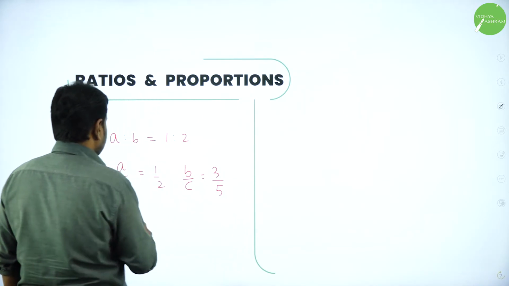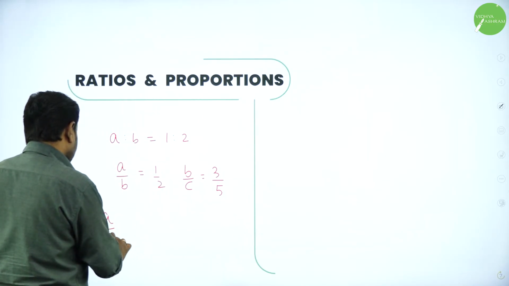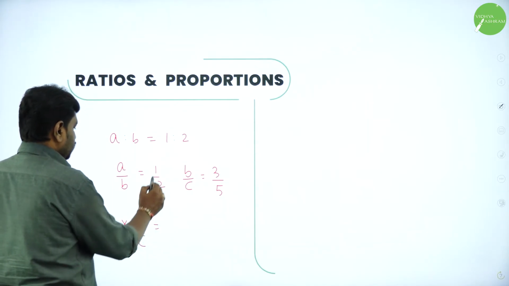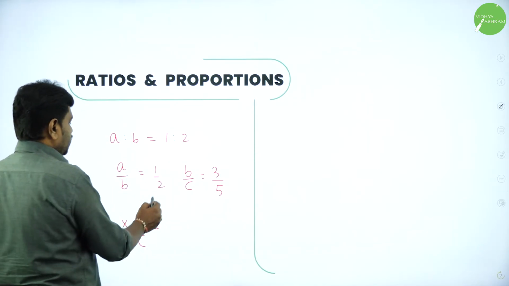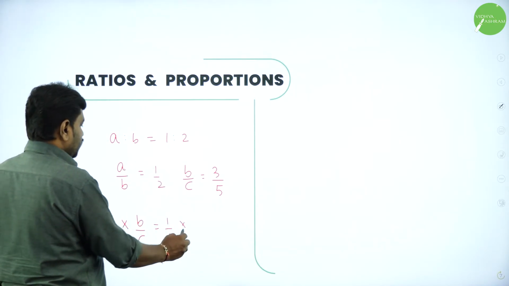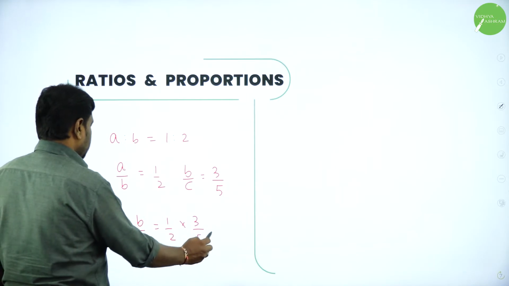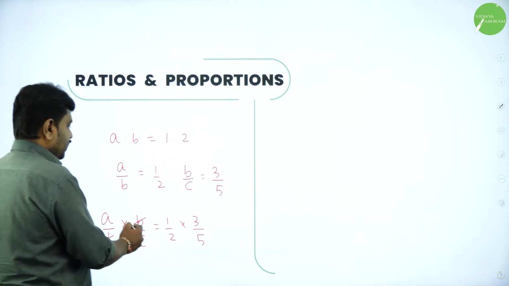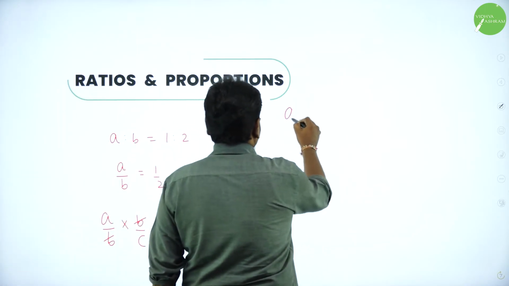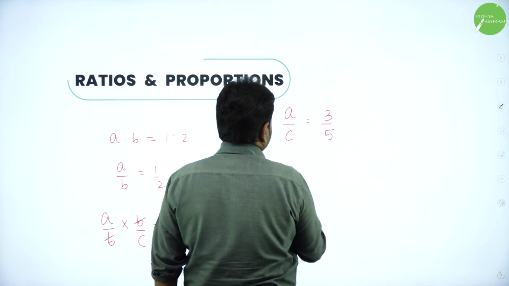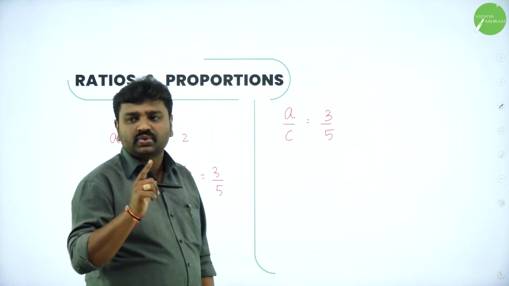So if I multiply A by B into B by C, that is 1 by 2 into 3 by 5, you can cancel B and B. You will be left with A by C. A by C is 3 by 10. Now, dear students, we need A is to B is to C.